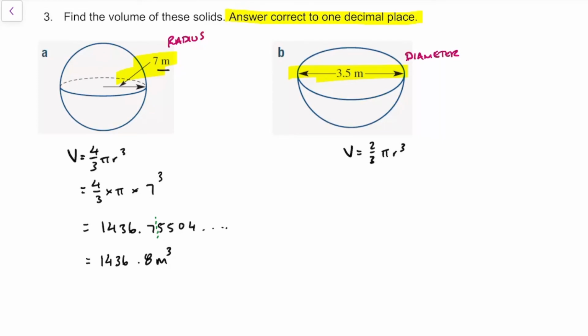So we know as well that the diameter is 3.5 meters. We actually want the radius. So the radius is 3.5 divided by 2. 3.5 divided by 2 is 1.75. Nice and easy there.